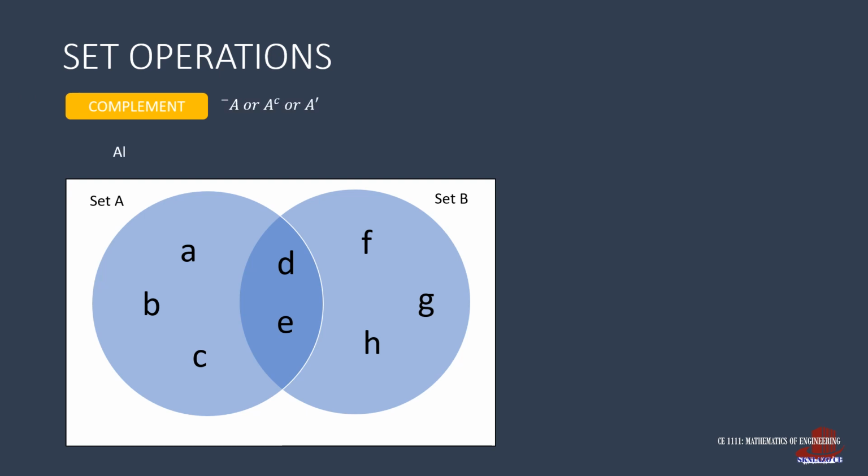The last operation is complement, denoted by a bar before the set, A with a superscript C, or an apostrophe. Complement considers all elements in the universal set which are not in the set considered.